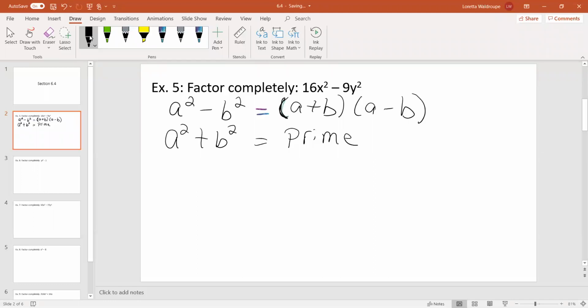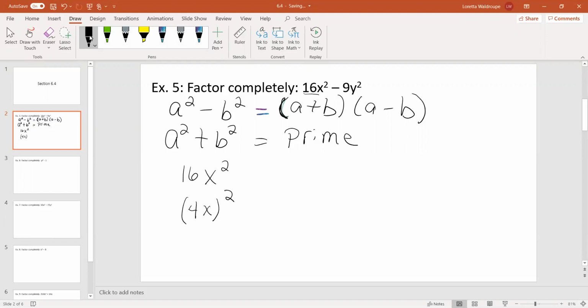Okay? So to factor these, you ask yourself, what do I square to get 16x squared? Well, to get 16, I square 4. To get x, I square x.